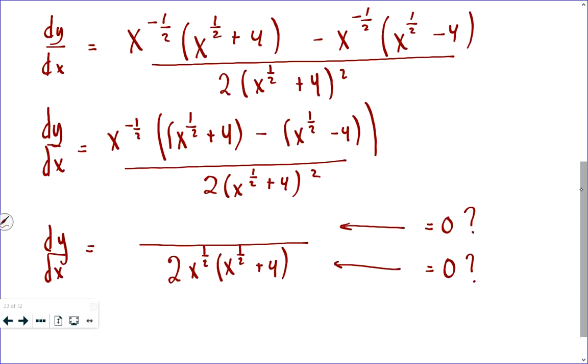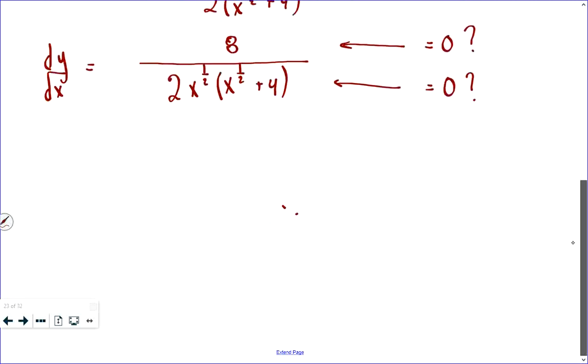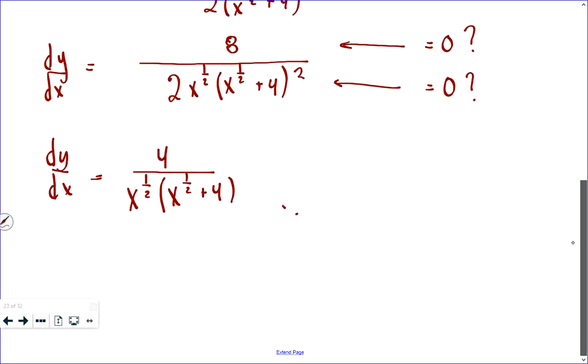On the top we get 8. X to the half minus x to the half is 0. 4 minus negative 4 is 8. So now we can simplify that 8 with the 2 that we factored out earlier. So our final answer is the derivative of this function is 4 over x to the half plus 4, quantity squared.